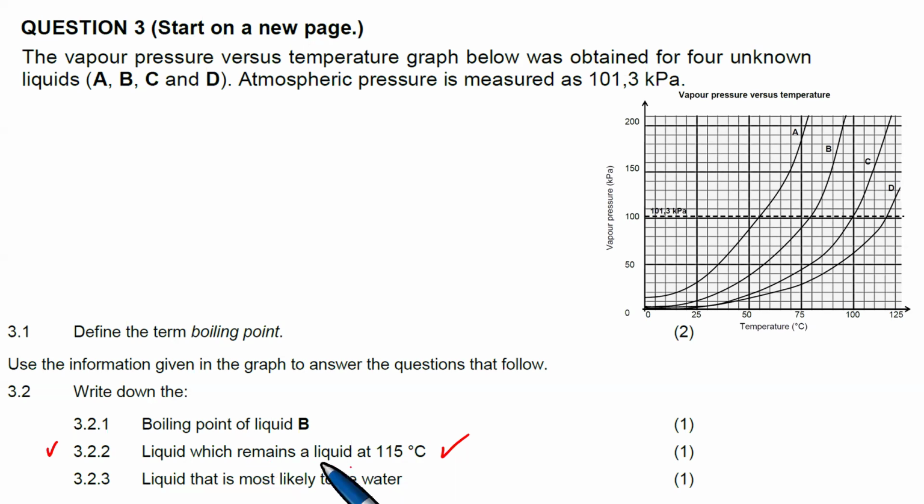There is a liquid that remains, so even if you heat it, water does not remain a liquid at 100. At 100, water begins evaporating. But now, water boils. Water boils at 100 degrees. So that's what I'm trying to say there. So now, the liquid which remains a liquid at 115, which one is it?